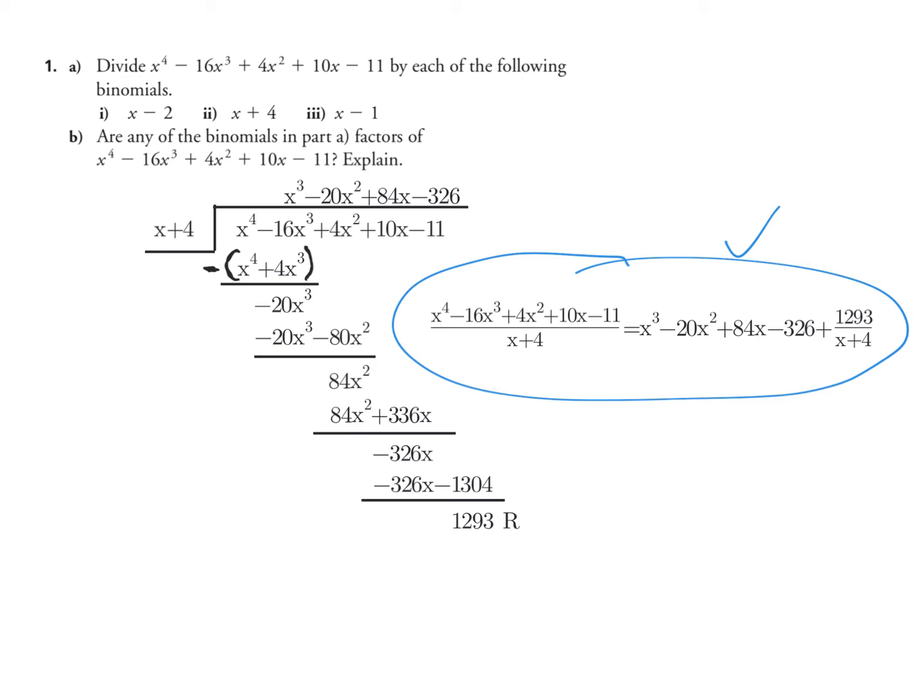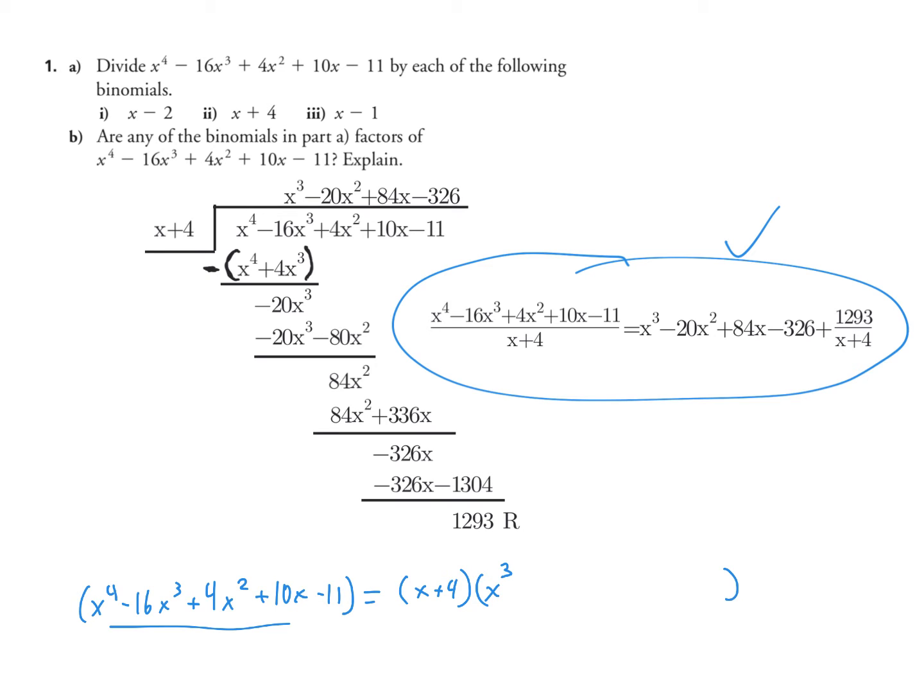All right, I'll show you my way of thinking though. I'm going to say x to the 4 minus 16x cubed plus 4x squared plus 10x minus 11. So if I'm dividing it by x plus 4, I'm basically saying x plus 4 times what gives me this number here. So I know that the first terms are going to multiply by each other.